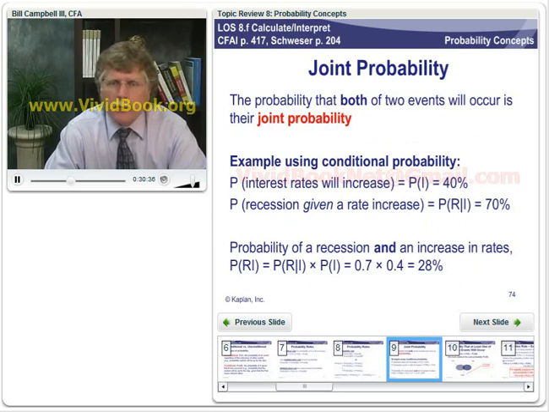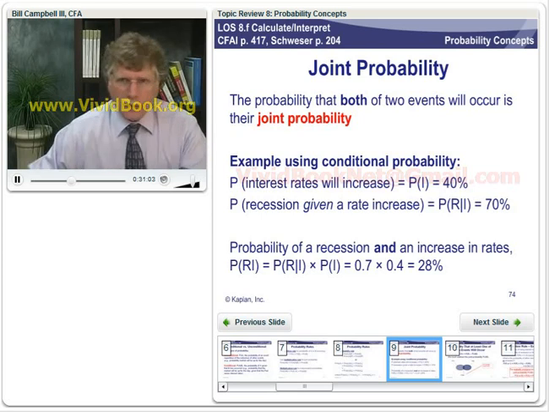The joint probability, the probability that we both have a recession and an interest rate increase, we already decided a couple of slides earlier is the probability of R given I times the probability of I. 0.7 times 0.4 is 0.28. There's a 28% chance that we will have a recession and increased interest rates. That's the joint probability.